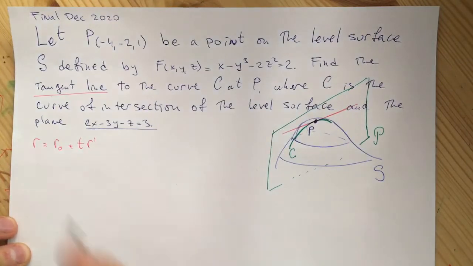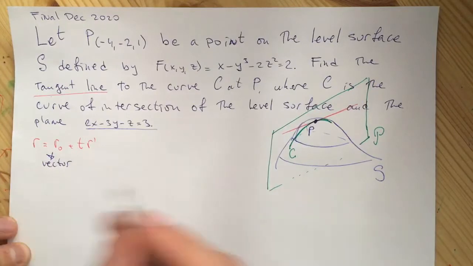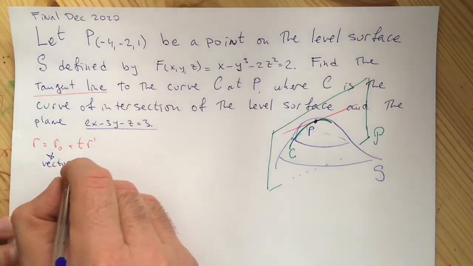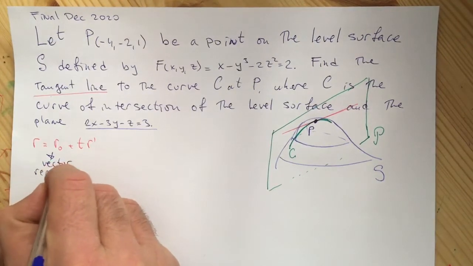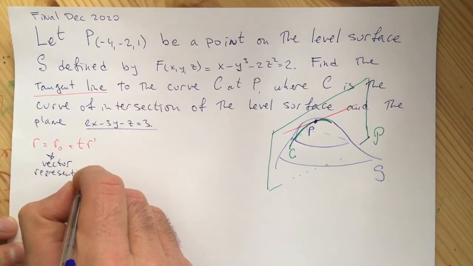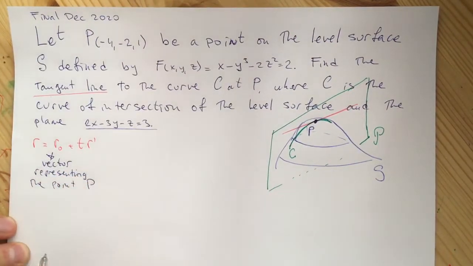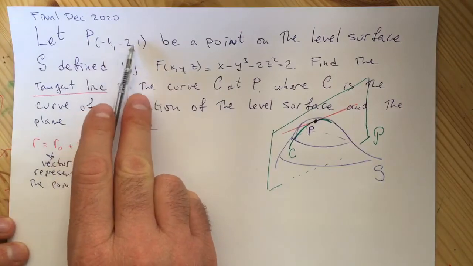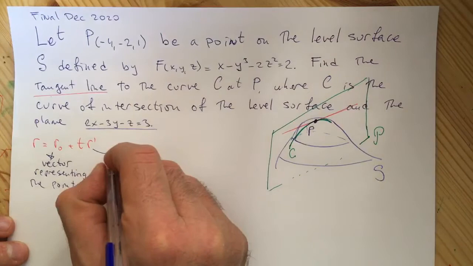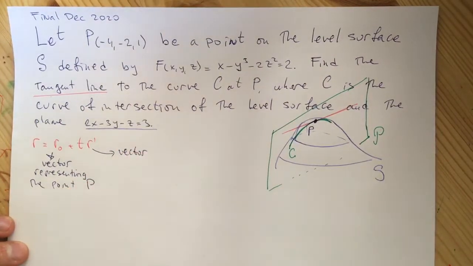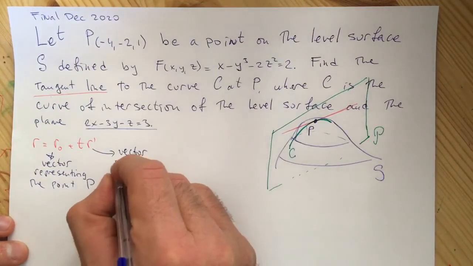Well, what is r naught? r naught is the vector representing the point P, so that's just -4, -2, 1. t is the parameter, and r prime is the vector in the direction of the line, parallel to this line.